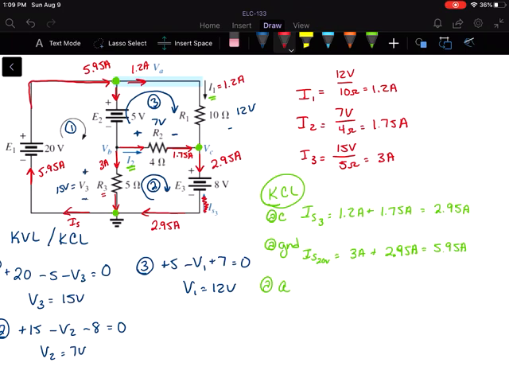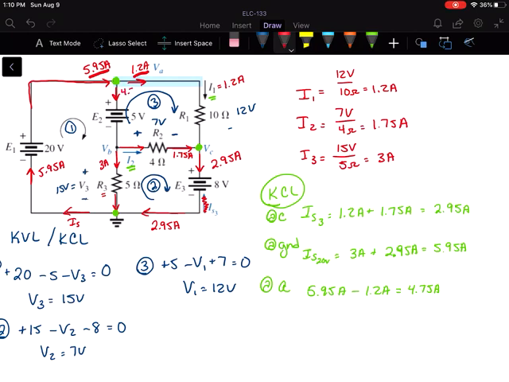Now I went ahead and drew it leaving the node just because this 5.95 coming in is larger than my 1.2 leaving, so I know I'm going to need more current that leaves that node. So 5.95 amperes coming in minus 1.2 amperes leaving means that I would have 4.75 amps left over coming down there.